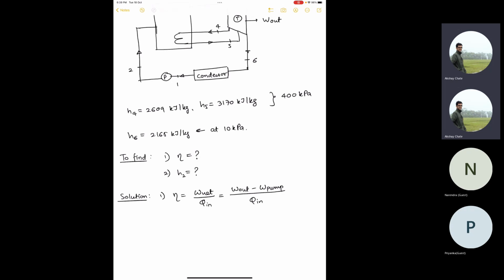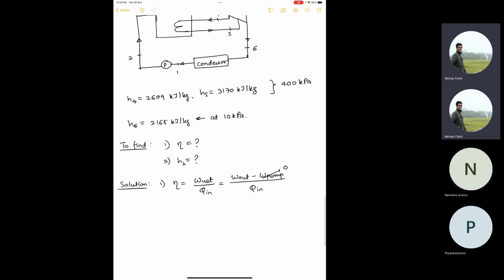If you have access to the steam table you could, but that is not in the GATE exam, so you can't do it this way. So for the time being, we can neglect pump work, and let's proceed with the problem. If you neglect this, it is very low also compared to the turbine work in this case. Maybe you can verify later.